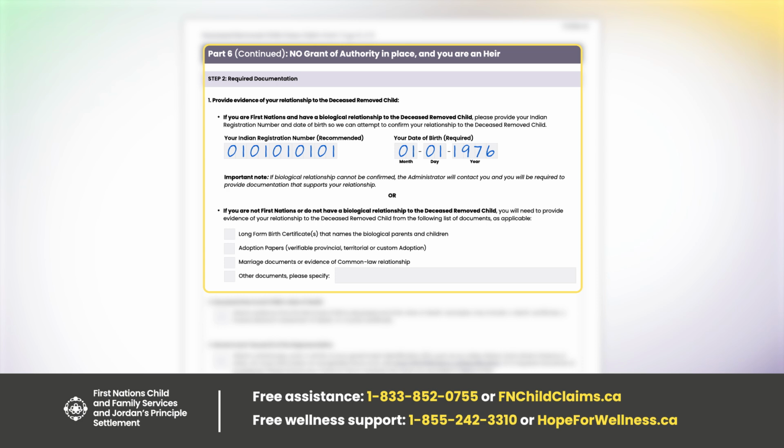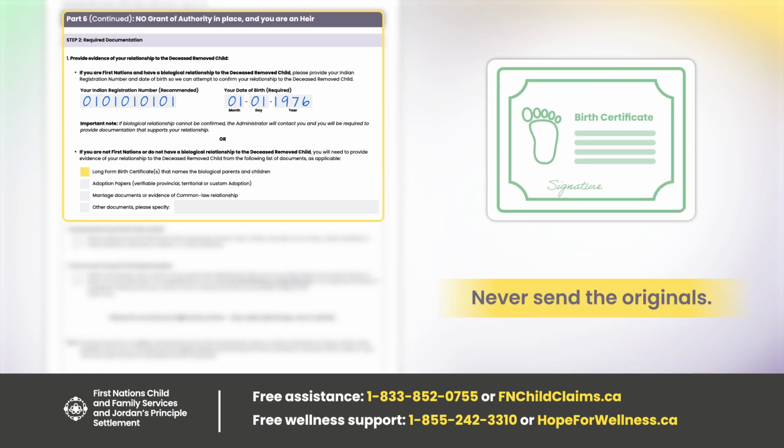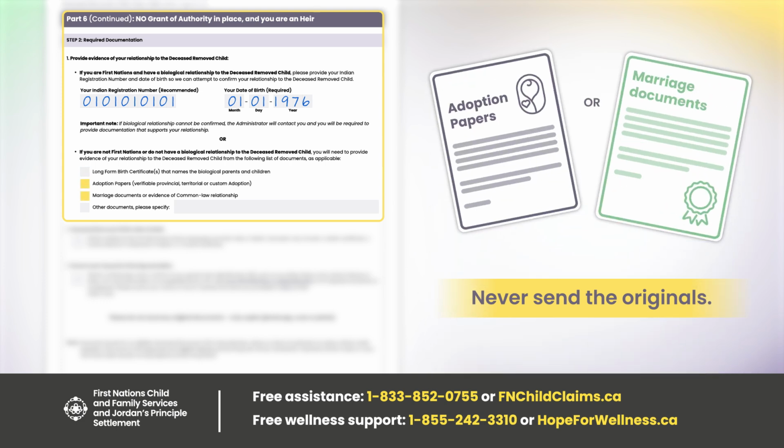If you are not First Nations or you're not biologically related to the deceased removed child, then you will need to provide evidence of your relationship using documents like a long-form birth certificate that names the biological parents and children, verifiable provincial, territorial, or custom adoption papers, or marriage documents, or evidence of common law relationship. If you have other documents, please name them.